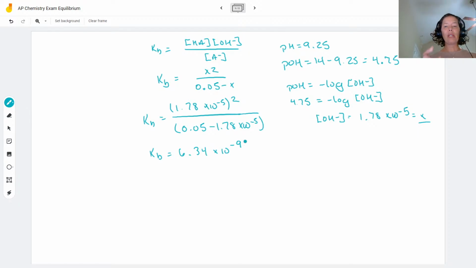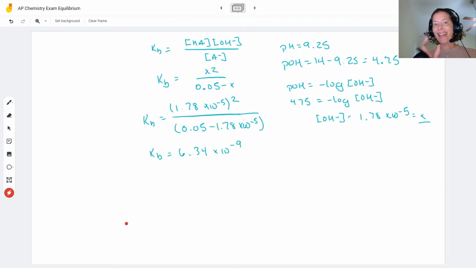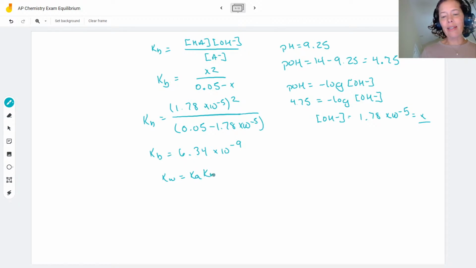Now be really careful here, because it didn't ask for Kb, it asked for Ka for your weak acid. Now remember, your equilibrium was started from your conjugate base. So right now, you have the Kb for the conjugate base of your weak acid. But because they are conjugate pairs, they are connected by Kw.